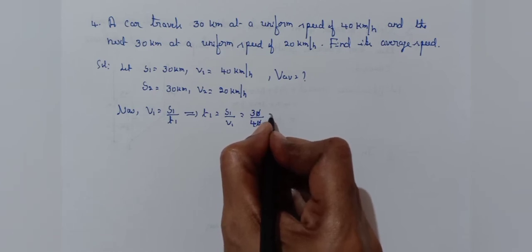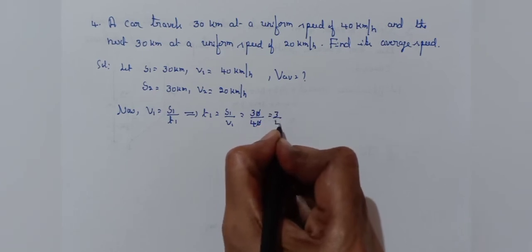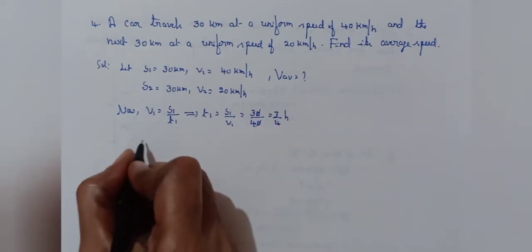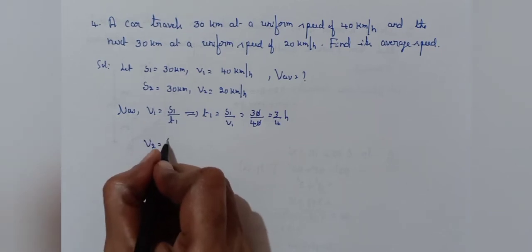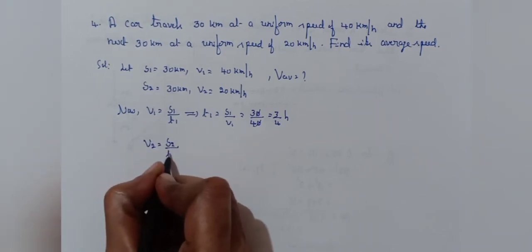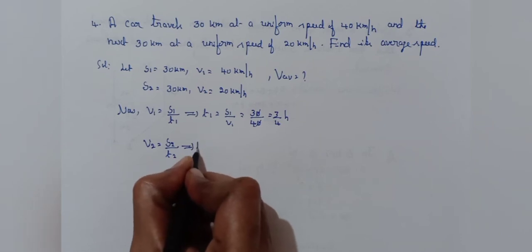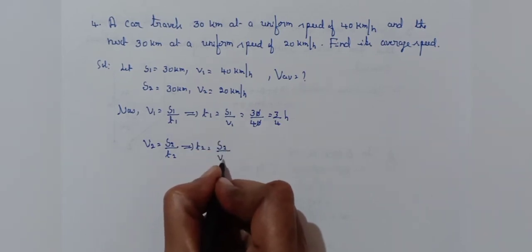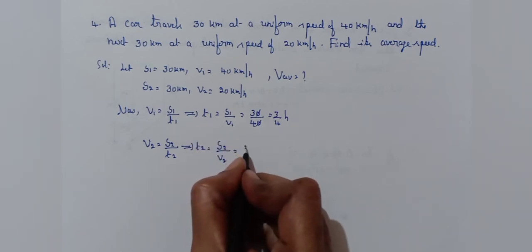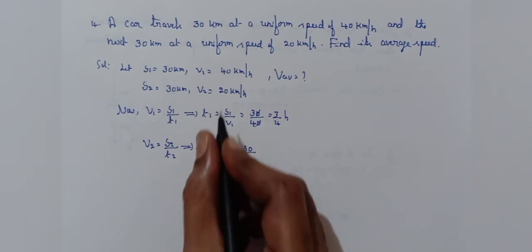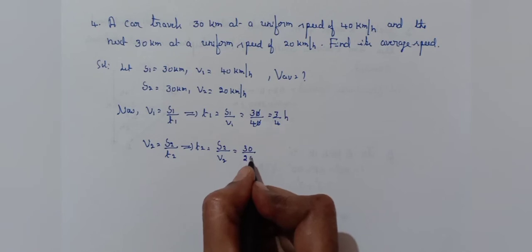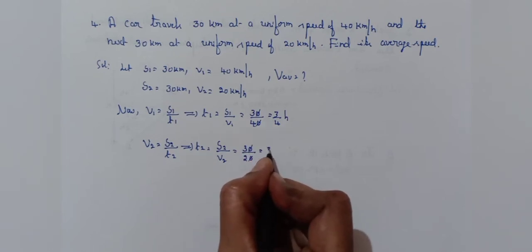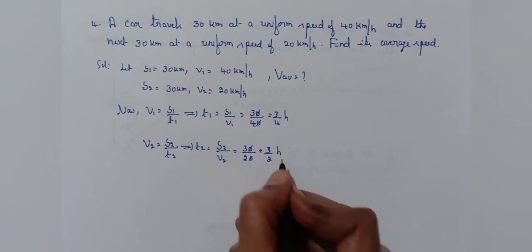So the T1 is 3 by 4 hour. And next V2 is equal to S2 by T2. Then T2 is equal to S2 by V2. S2 is again 30 km and the V2 is 20. Cancel the 0. So T2 is 3 by 2 hour.